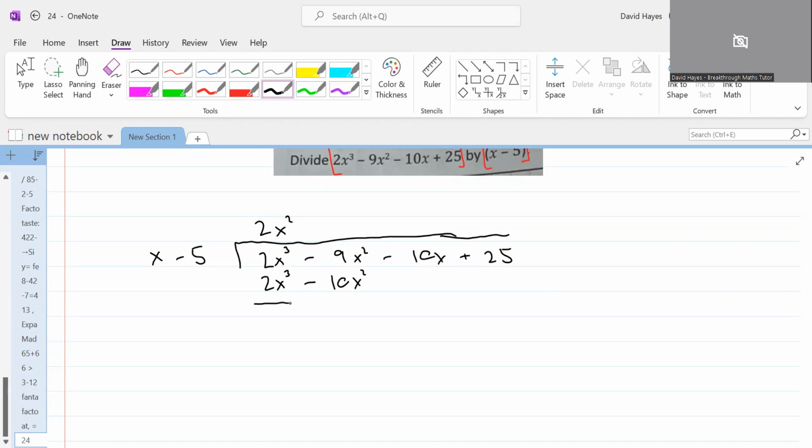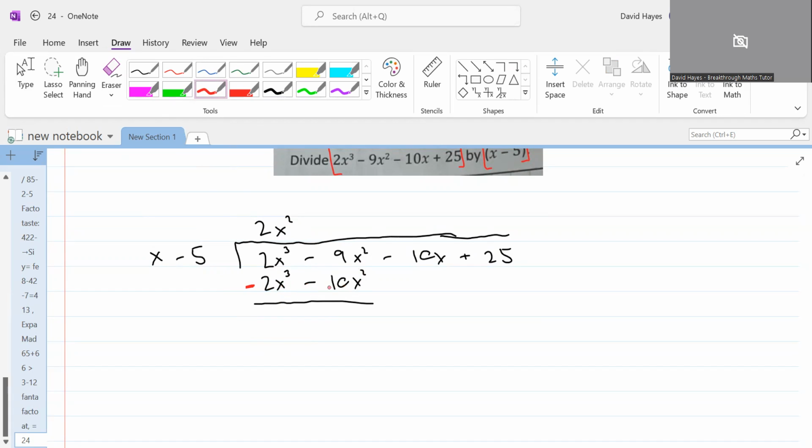We're going to draw a line under this. Now, we want the x cubed terms to cancel, so I'm going to add these two lines together. But if I just add them as they are, I would get a 4x cubed. That's not good for us. We want to get rid of the x cubed, so I need to change this to a minus. However, I can't just change the sign of one thing on a line.